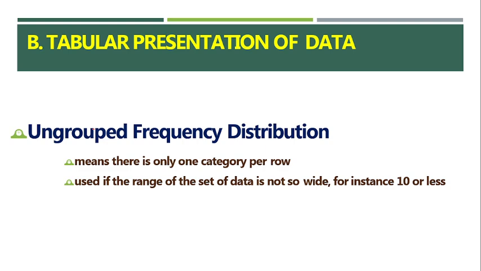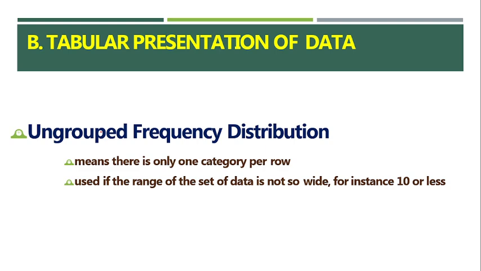To analyze and see easily which is the ungroup or group one: when we see a frequency distribution table that has class intervals, that shows that the distribution is grouped.